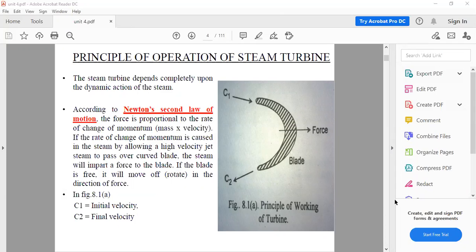The steam turbine depends completely upon the dynamic action of the steam.